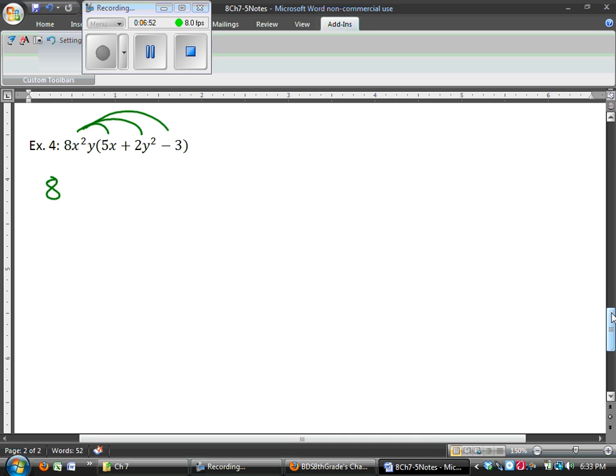If I have 8x squared y times 5x, remember I'm distributing that monomial on the outside, the 8x squared y. So the 8x squared y times our first term, 5x. Then I have 8x squared y times 2y squared. And finally, I have 8x squared y times negative 3.